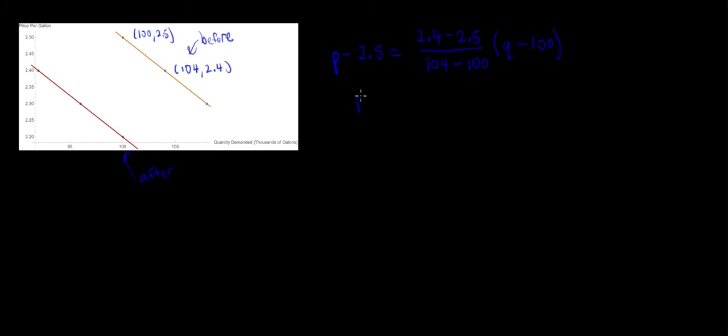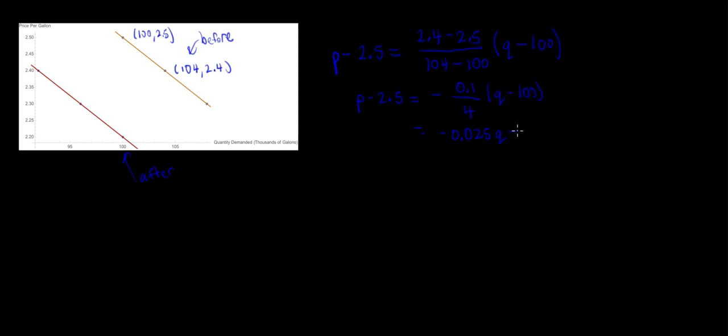So this is P minus 2.5 equals negative 0.1 over 4, times Q minus 100. So this is negative 0.025 Q, and then this term ends up being 2.5, since the negatives cancel.